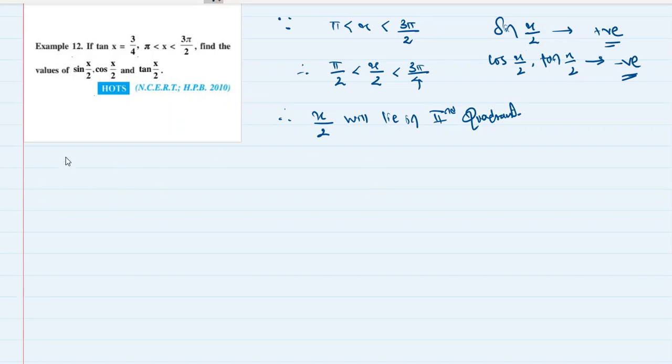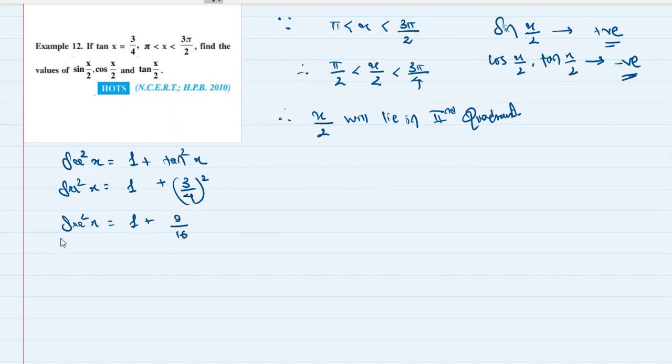Now see, sec square x is equal to 1 plus tan square x. So sec square x is equal to 1 plus 3 by 4 the whole square, because tan x is 3 by 4. So sec square x is equal to 1 plus 9 by 16, which is 16 plus 9 by 16, that is 25 by 16.